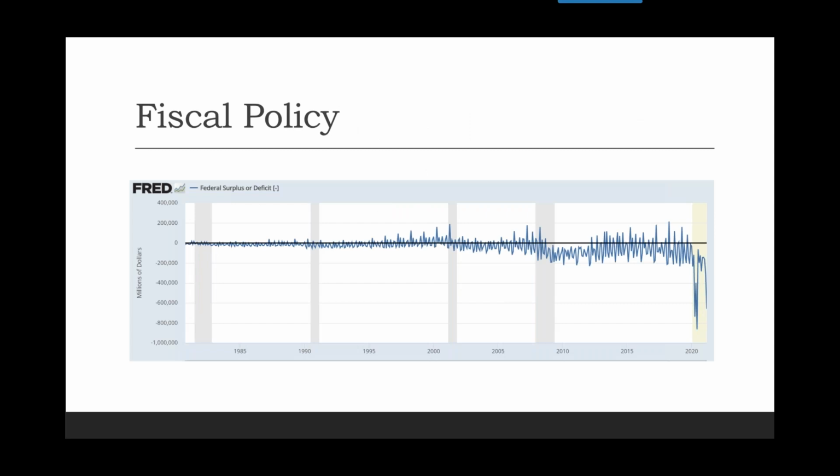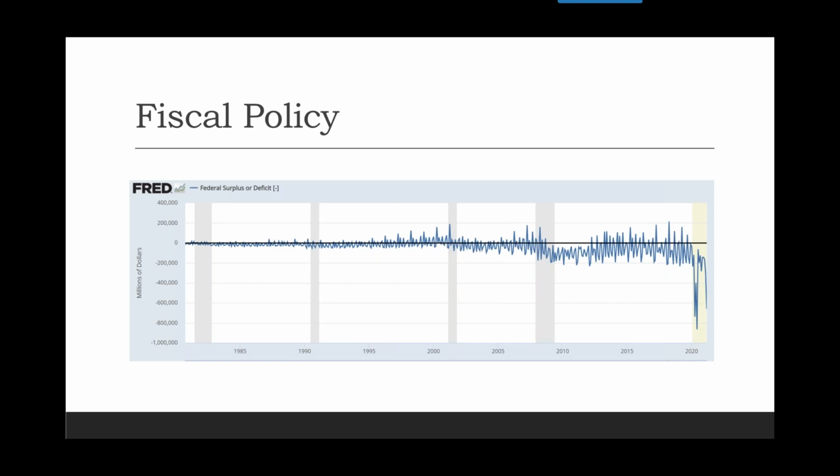Fiscal policy, another crazy thing that we're doing. Fiscal policy, this shows federal surpluses or deficits. And you can see that 1994 was the last time we ran an annual surplus. Then you can see that in 2008, we ran big deficits and we ran them for years.